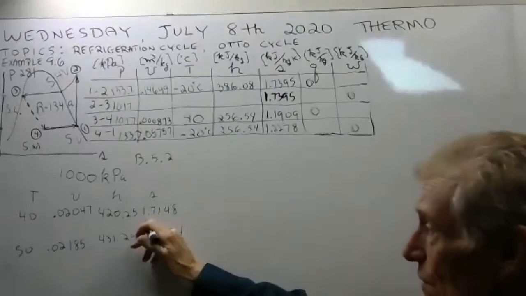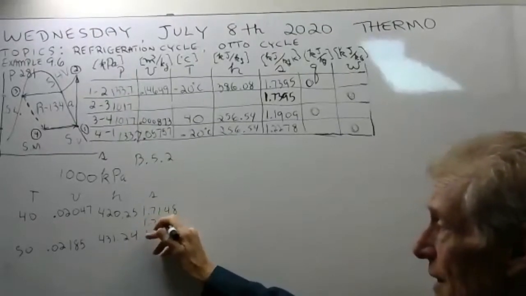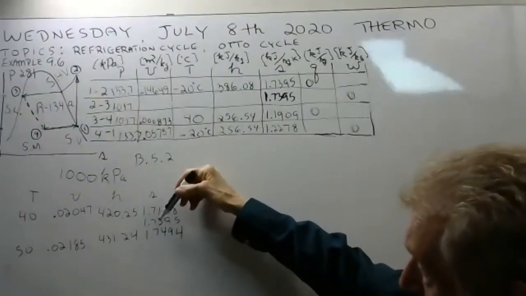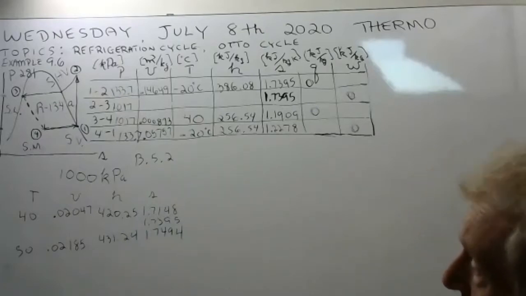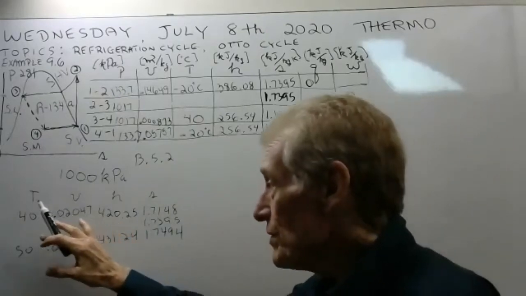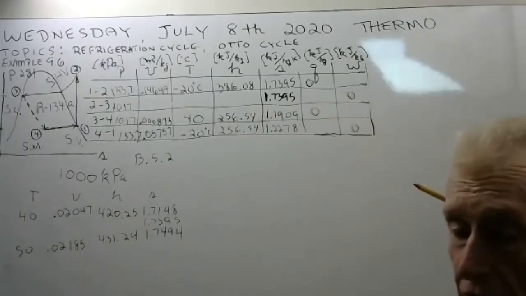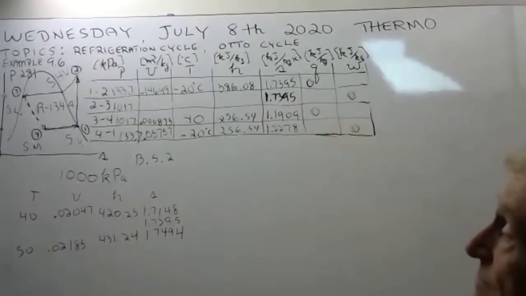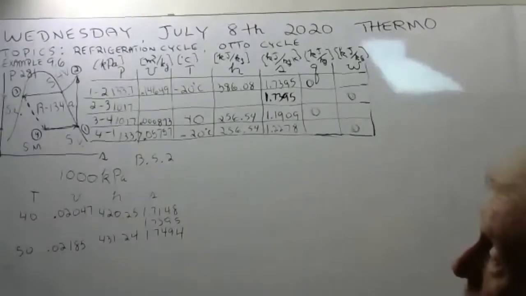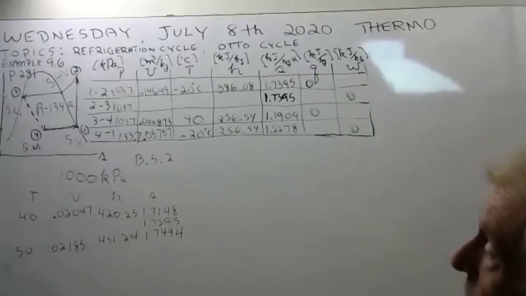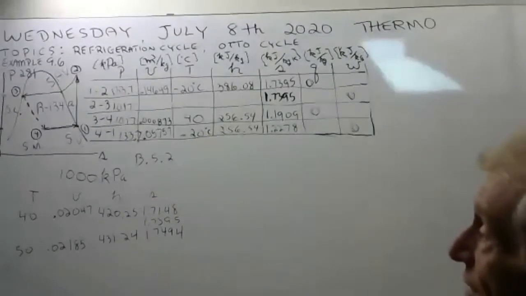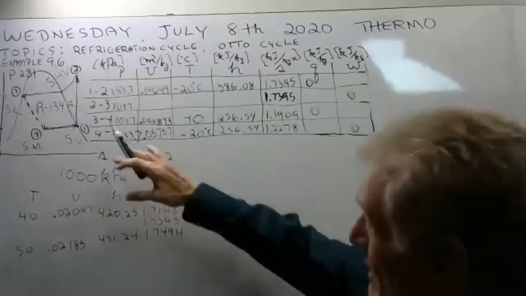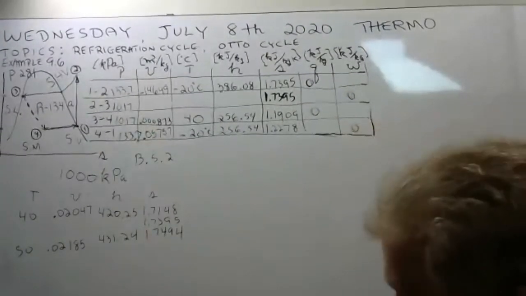Well, 1.7395 is in between 1.71 something and 1.74 something. So we could interpolate, couldn't we? We could. But then what we would have is what we needed at 1,000 kilopascals. Well, that's not what we got. We got 1017.